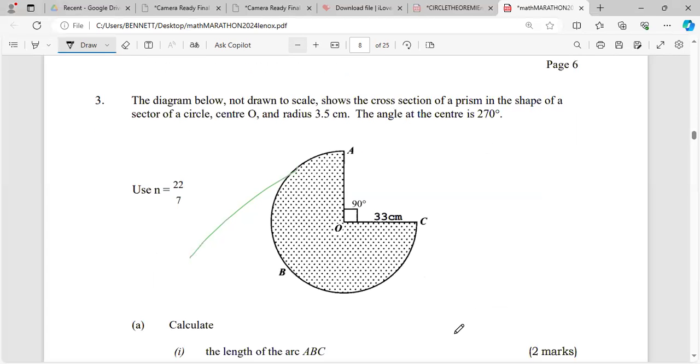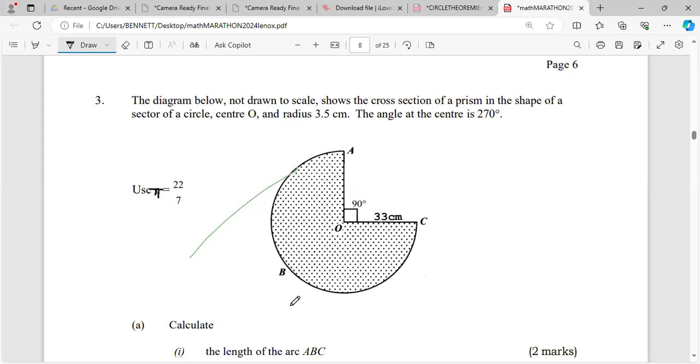Alright, this one is a little bit of a headache. It says the diagram below, drawn to scale, shows a cross section of a prism in the shape of a sector of a circle, center O and radius 3.5. The angle at the center is 270 degrees.